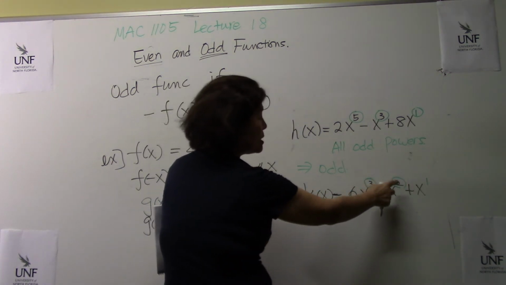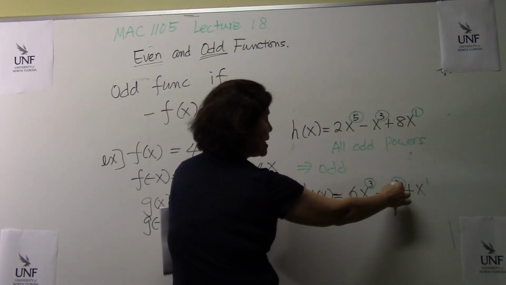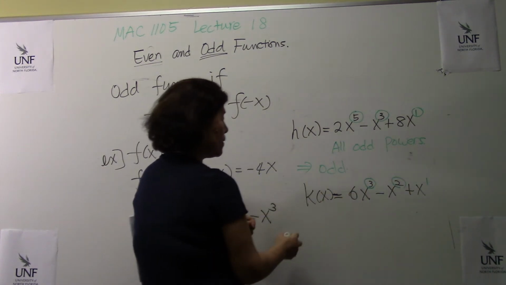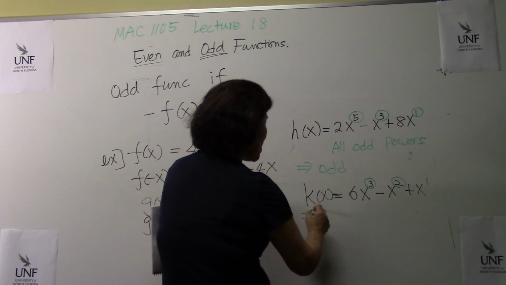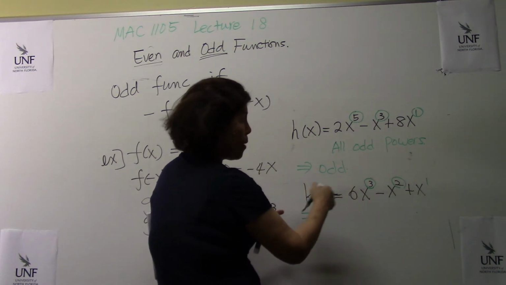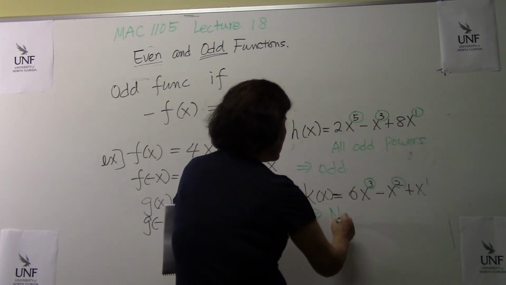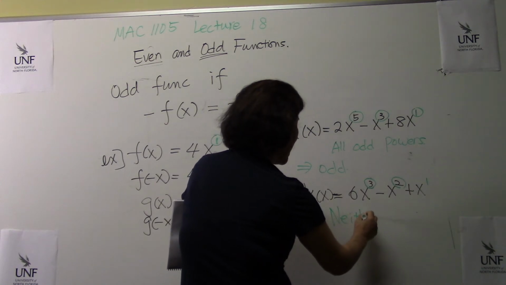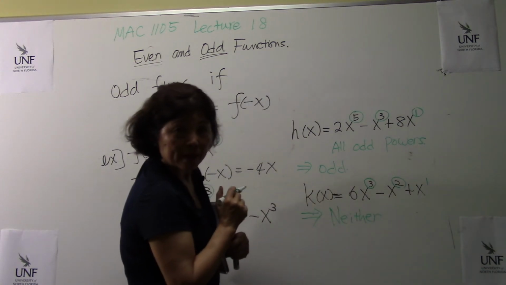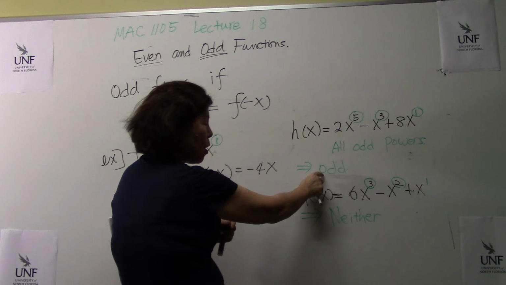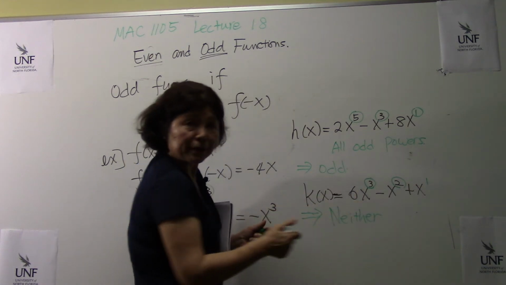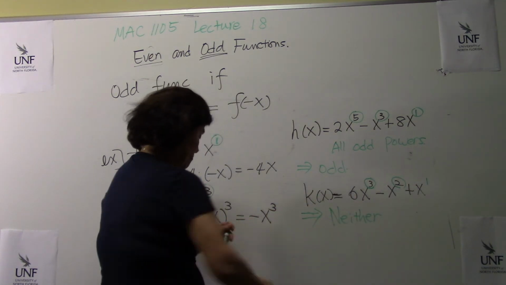Therefore, when odd powers and even powers are mixed, okay? In that case, we cannot say this is odd or even. So we say, hey, it's neither, meaning neither an odd nor an even function. All right.